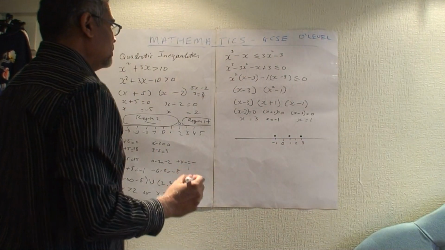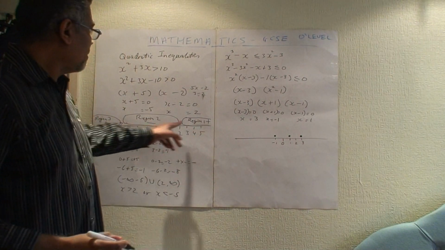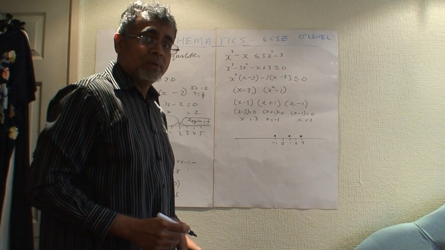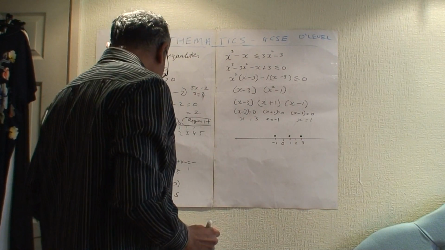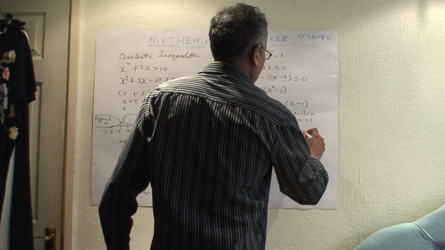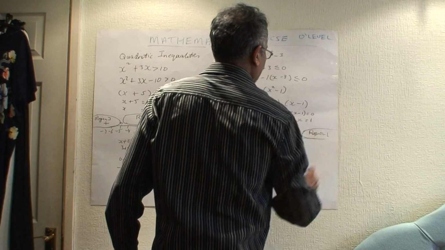Now we have the regions that we talk about here. We find that we have 3 dots, so we have 4 regions. Here is region 1.